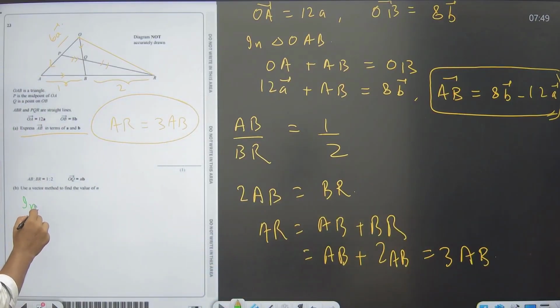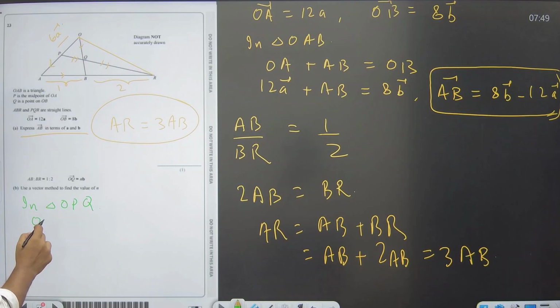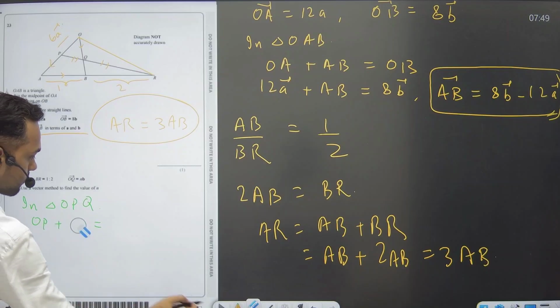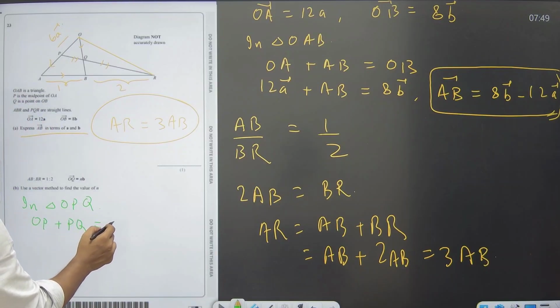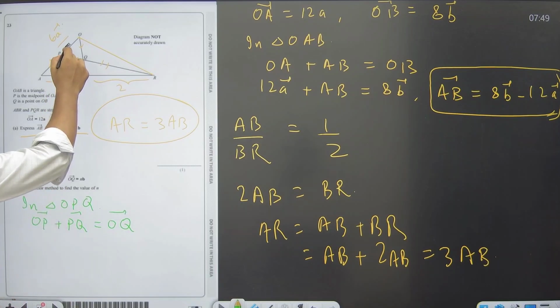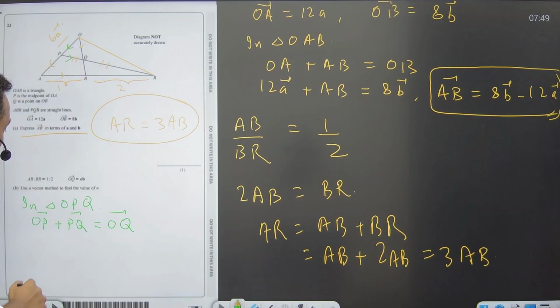In triangle OPQ, OP plus PQ will be equal to the OQ vector.